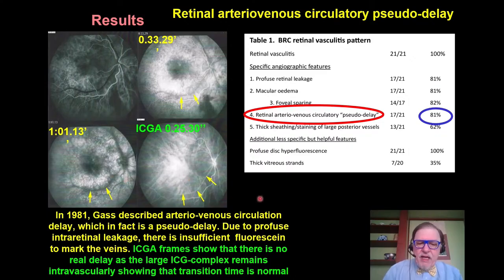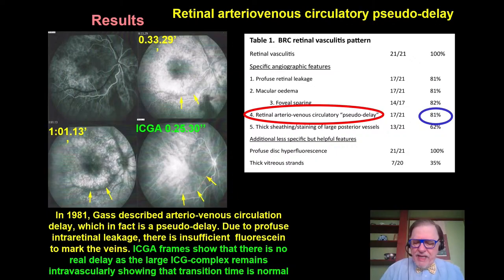Therefore, this phenomenon has to be called pseudo delay of perfusion. Of course, Don Gass in 81 could not know this because ICG was not available. And as the ICG molecule is very large, it cannot go out of the retinal vessels and is truly marking the course of retinal vessels.